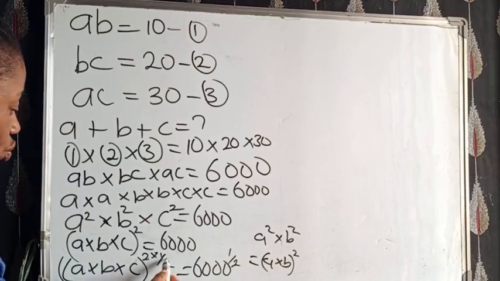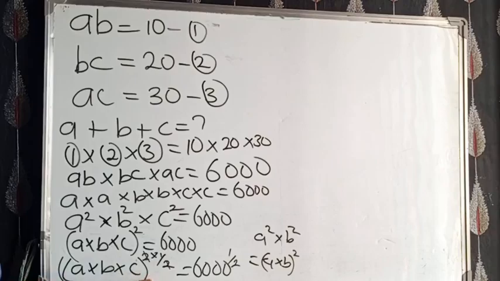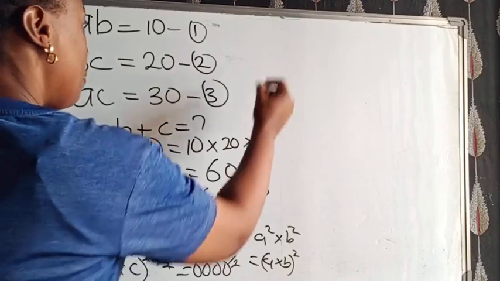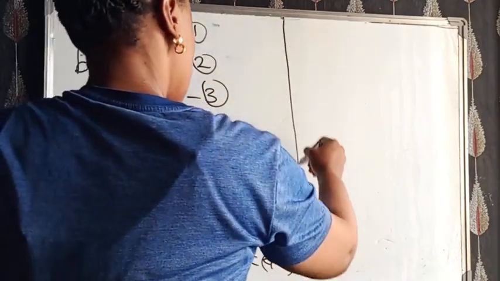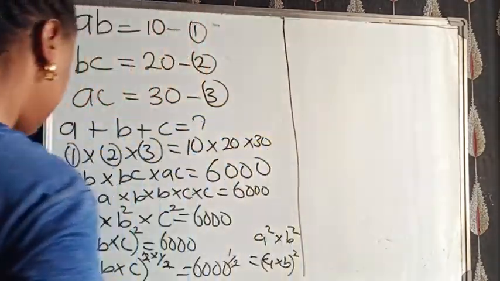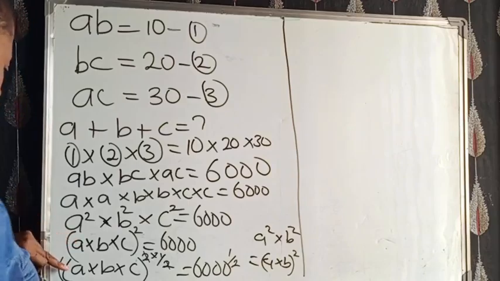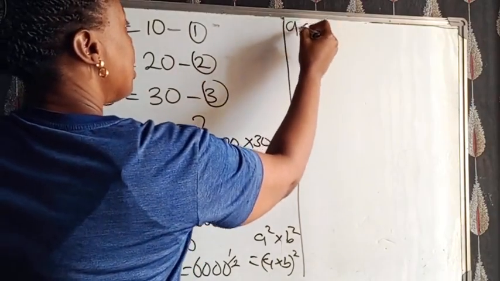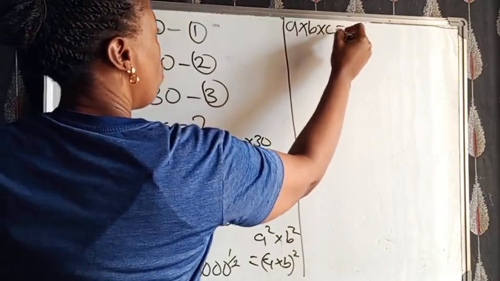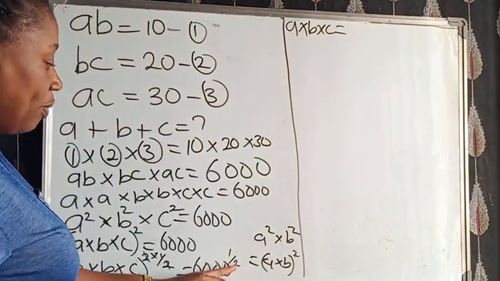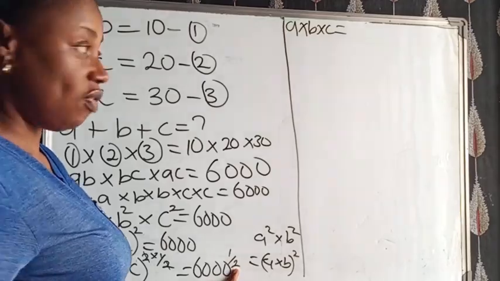So these 2s will cancel. We will now have A times B times C equals, now any number raised to the power of half is the square root of that number.